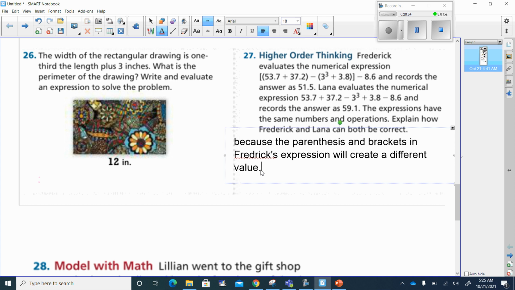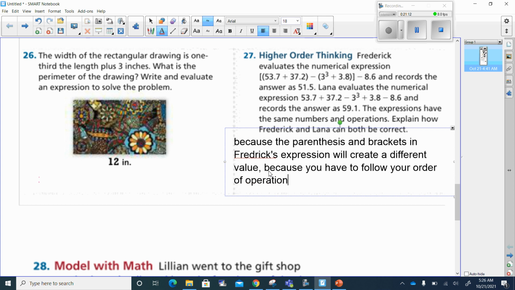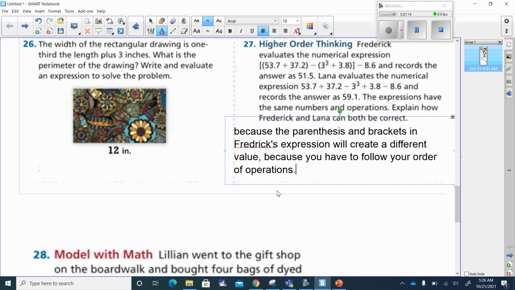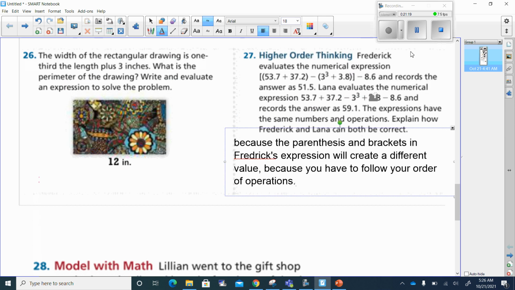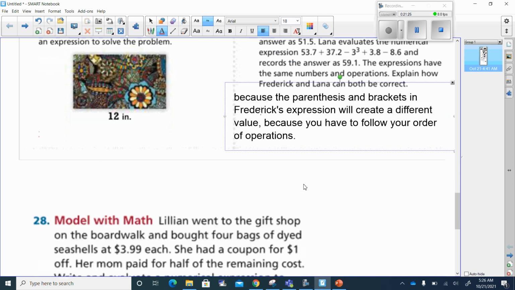All right. And I guess you could put because you have to follow your order of operation. All right, let's go on to the next one. Frederick, sorry about that. There we go.